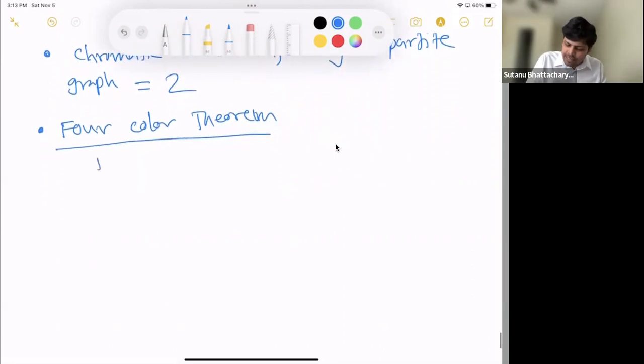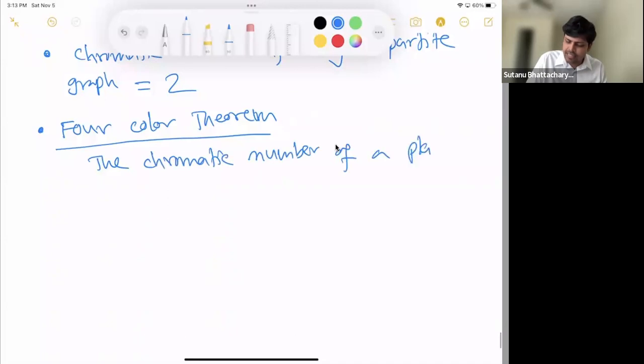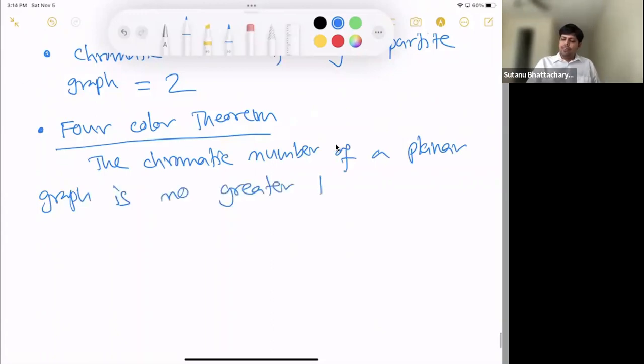It says that the chromatic number of a planar graph is no greater than 4.